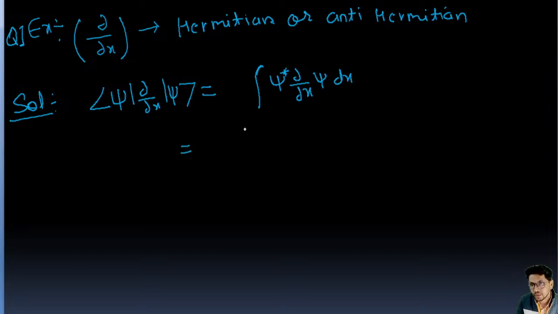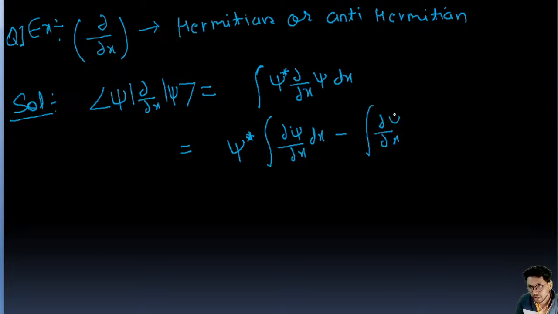So we'll use integration by parts. So this is the first function, integration of second, d psi over dx, minus integration of differentiation of first function, that is psi star, integration of second function dx, and this value is going to be x, right?